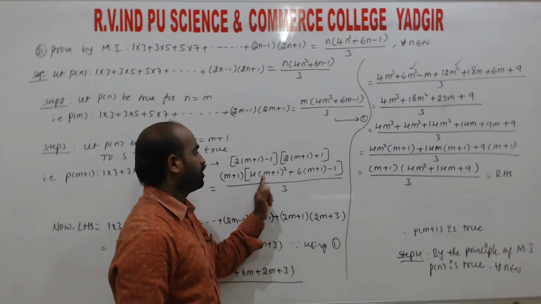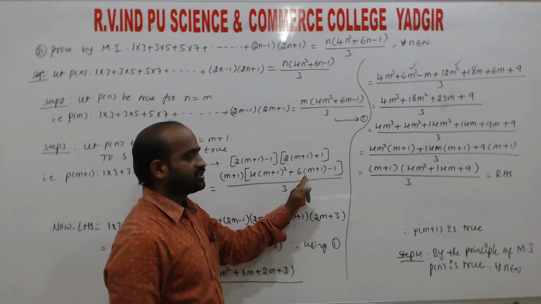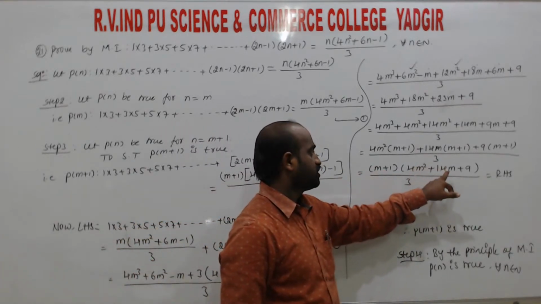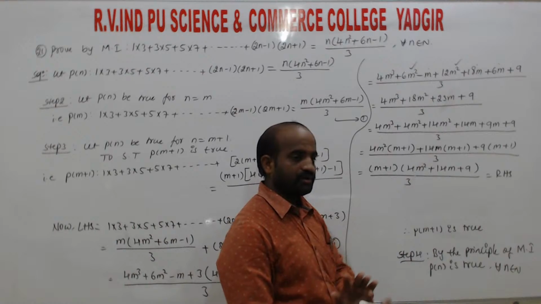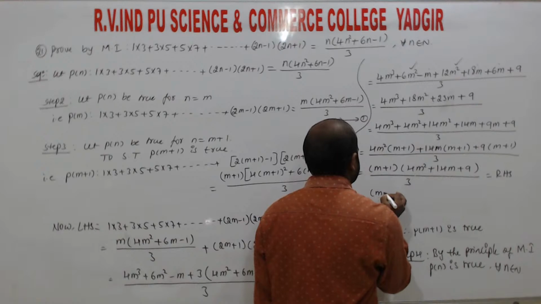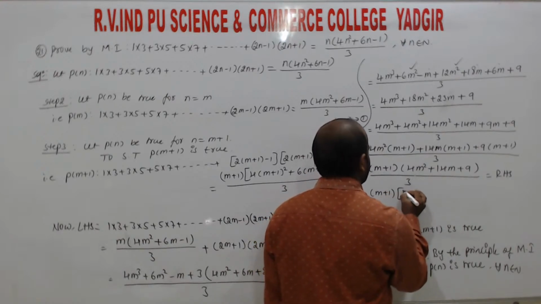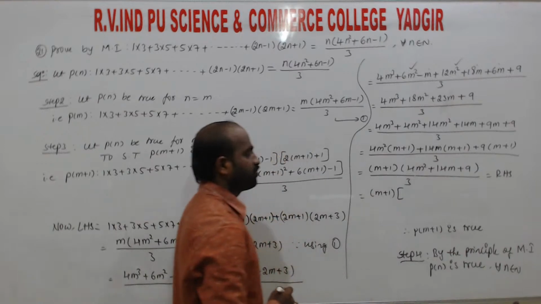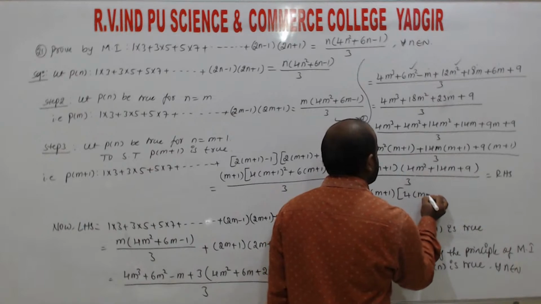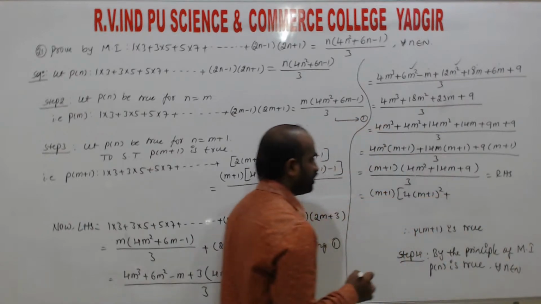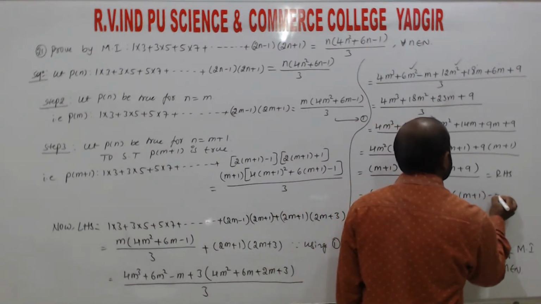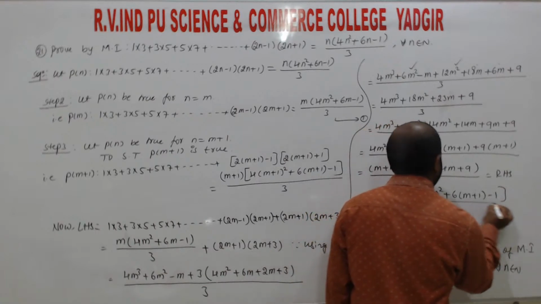Next, 4 into m plus 1 square plus 6 into m plus 1 minus 1 is equal to 4m square plus 14m plus 9, divided by 3. 4m square plus 14m plus 9 can be written as 4 into m plus 1 square plus 6 into m plus 1 minus 1, whole divided by 3.